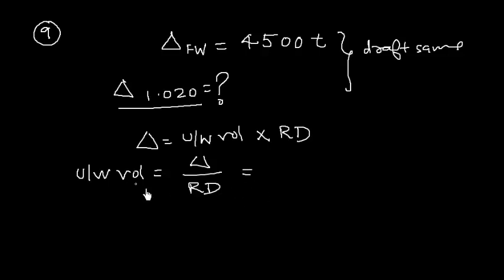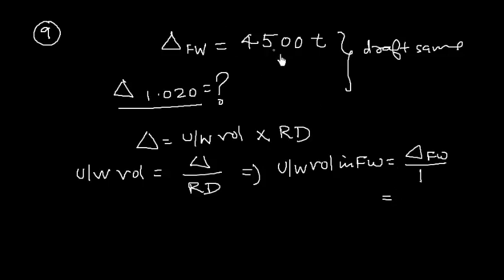So underwater volume in fresh water is going to be displacement in fresh water divided by relative density of fresh water, which is 1, so 4500 divided by 1. This is underwater volume, so it is going to be cubic meter.